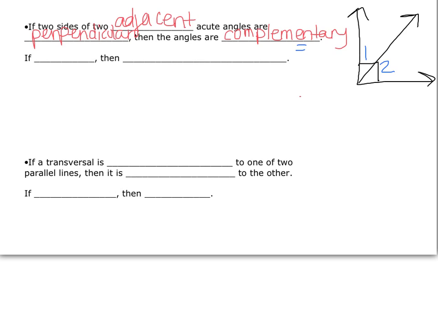Remember, complementary means that they add up to 90 degrees. So let's give this angle a name: A, B, and C. If side AB is perpendicular to side BC, then angle 1 and angle 2 are complementary.